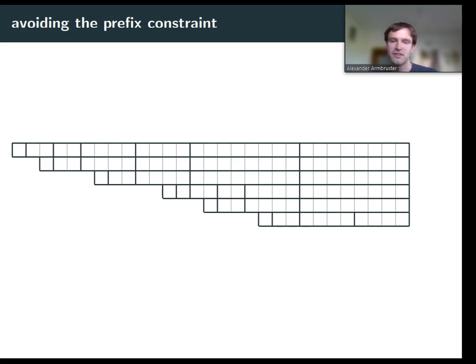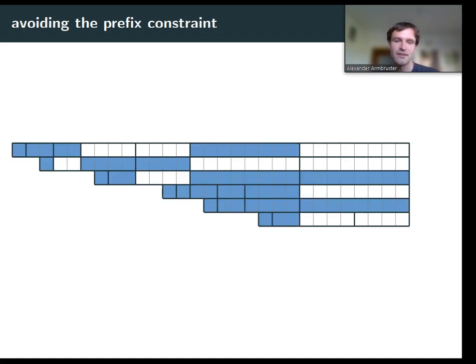And now instead of selecting blue squares starting from the left, we just select rectangles, and we always select all squares in a rectangle or none of the squares. And well, the cost of a rectangle is just the number of small squares in it.